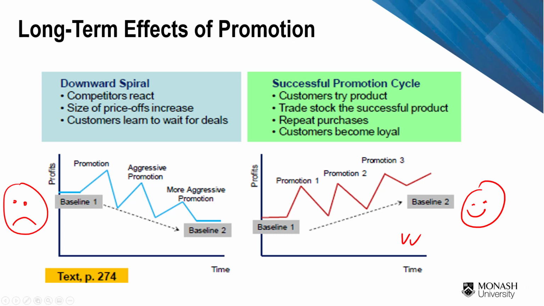Because in here, the baseline is increasing bit by bit, as you can see, because this is from a successful promotional cycle, meaning consumers try your product, then they might like it, right? So like, okay, great, I like product A, and now I'm gonna swap whatever I'm buying into product A, and obviously that becomes a repeat purchase.